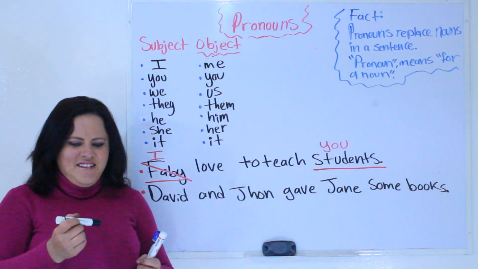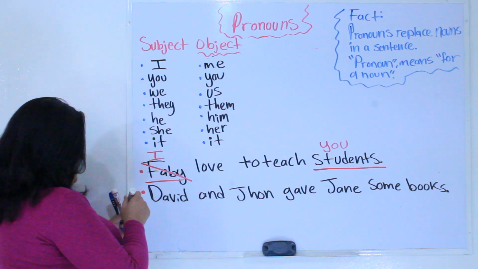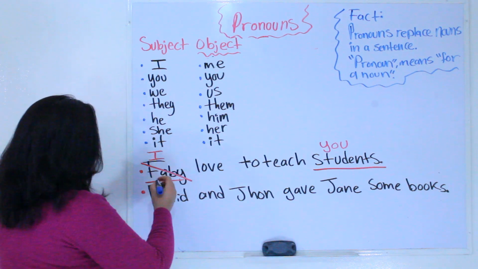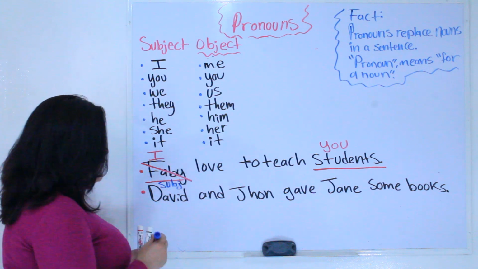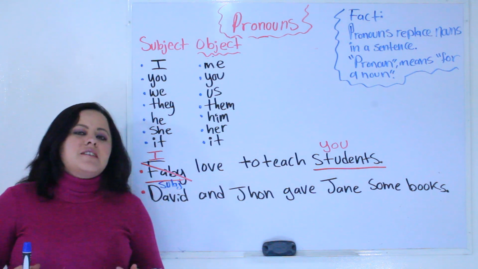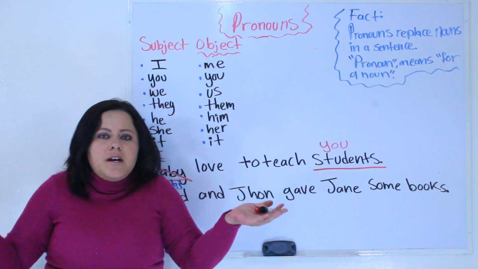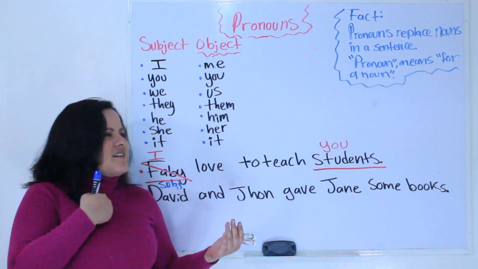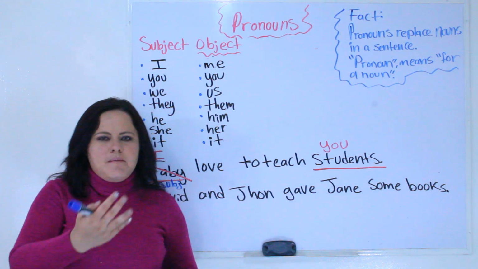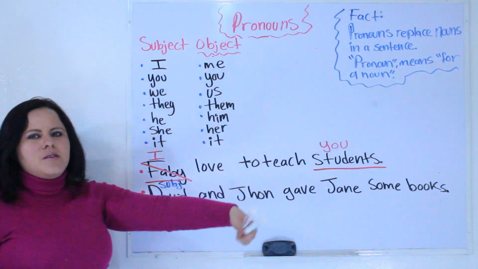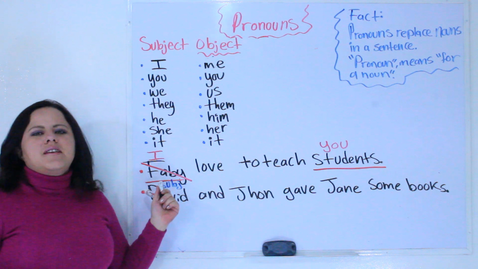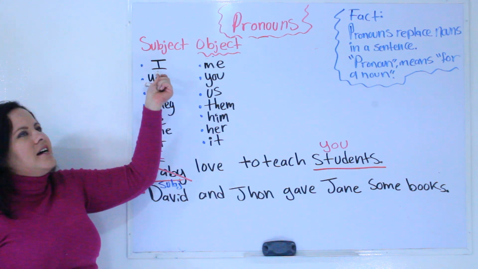In the first part, Fabi is a subject. First of all, what is a subject? The subject of a sentence is who does the action. Fabi. Who is doing something? Fabi. Fabi loves to teach students. So for a subject, we use a subject pronoun.